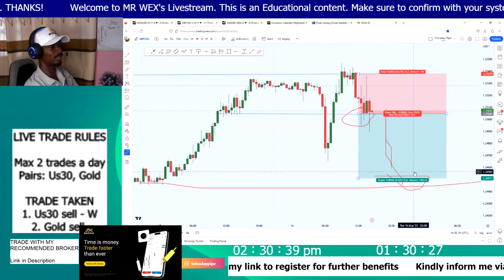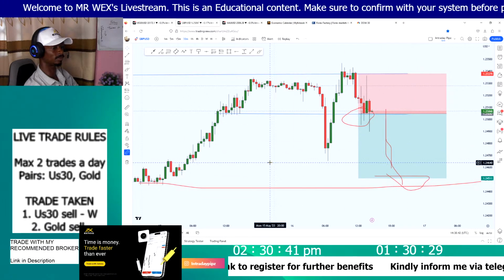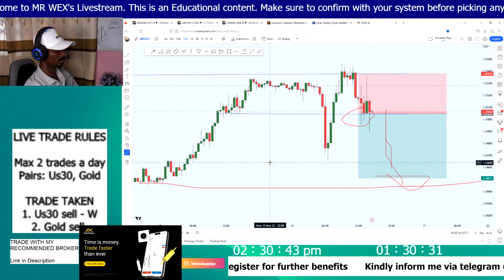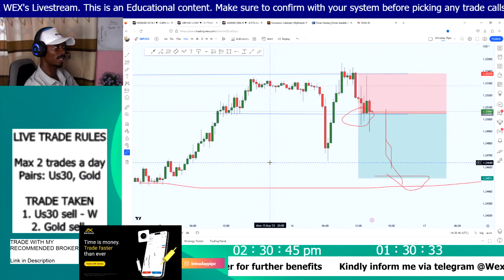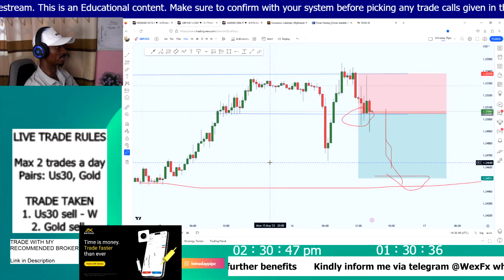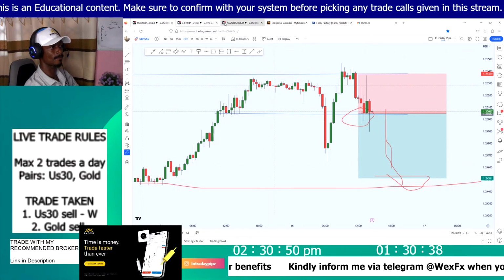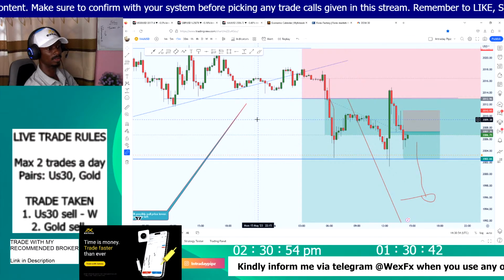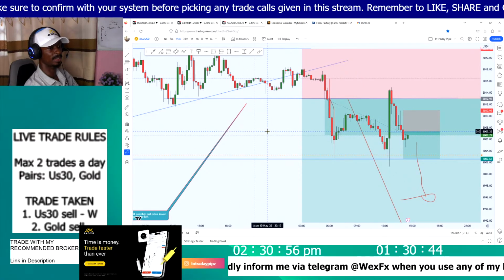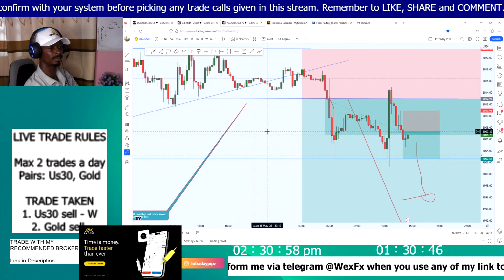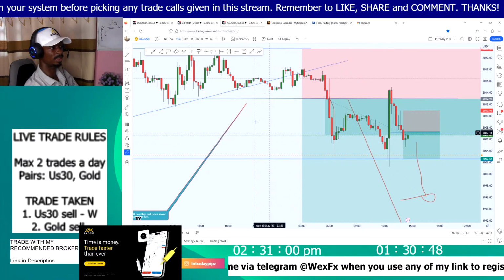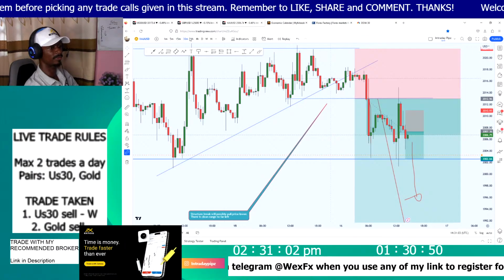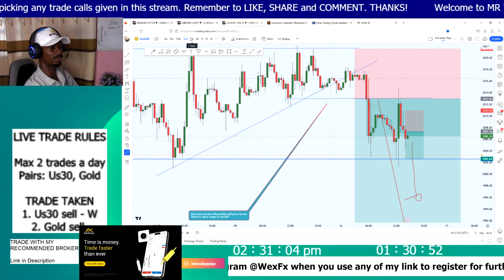Maintain this risk to reward and manage it accordingly. Gold is really testing our patience here. Really. So let's see the 30 minutes candle.